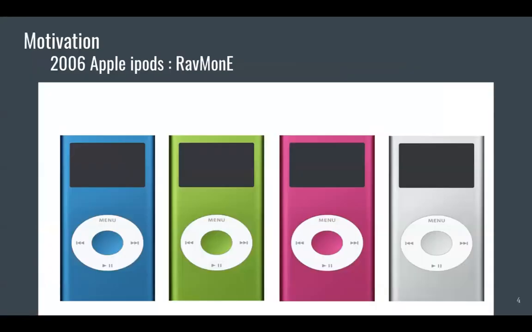And we cannot forget what happened with Apple iPods in 2006. There is this virus, RAV-MON-E. This particular virus is generally more popular on Microsoft Windows. But in 2006, Apple iPods were infected by this virus. And we know that Apple is never alone; it's not just one entity, because Apple is about the entire ecosystem.